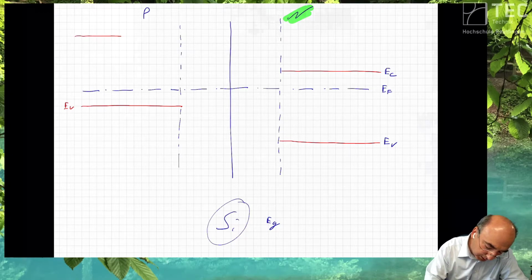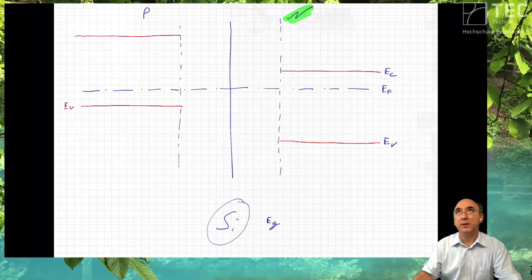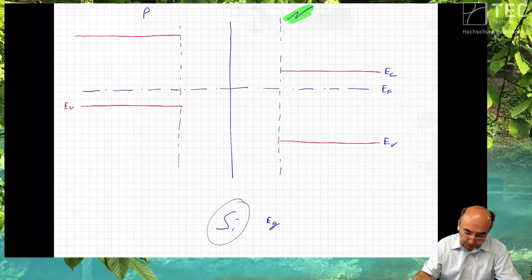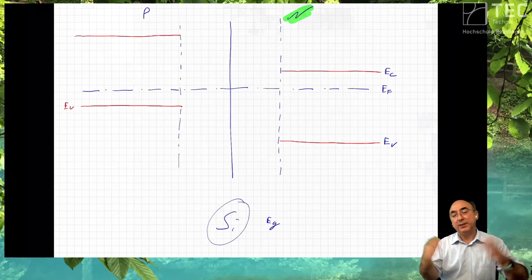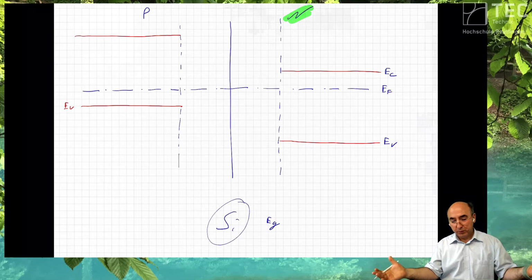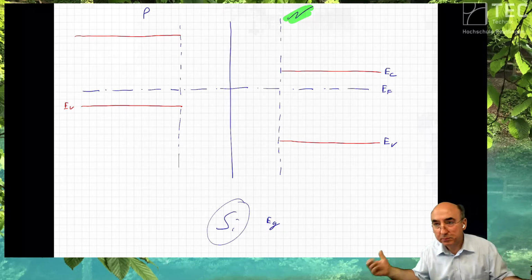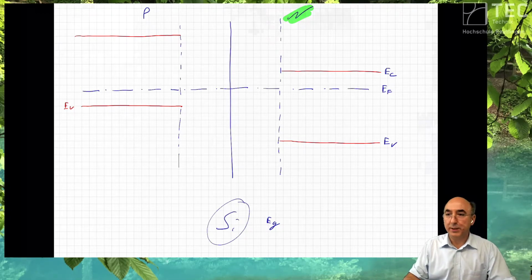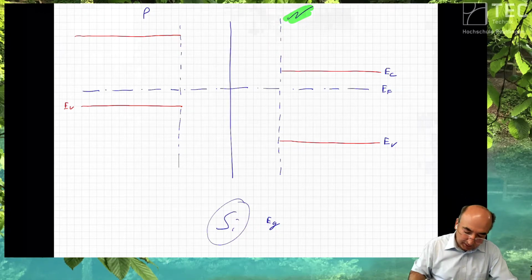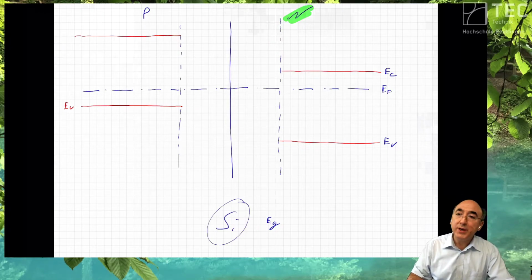So here we are up to the depletion region boundary. Outside the depletion region, we have unbent band edges. Inside, we have the bending.